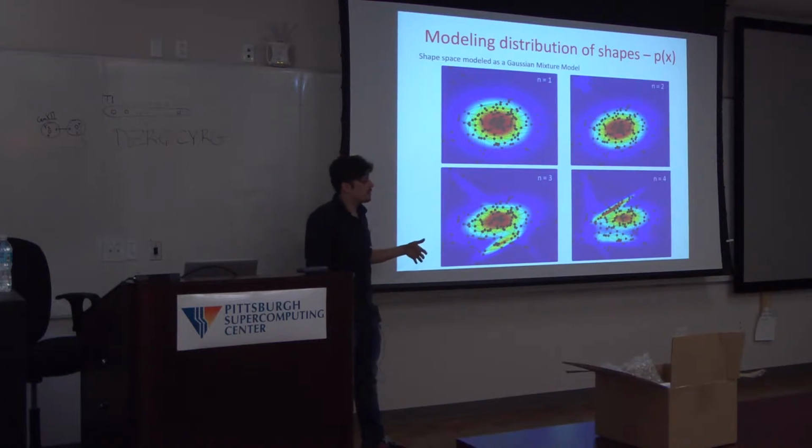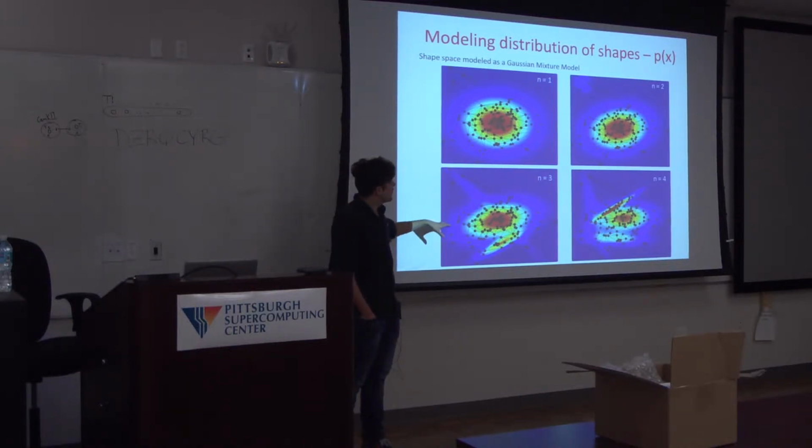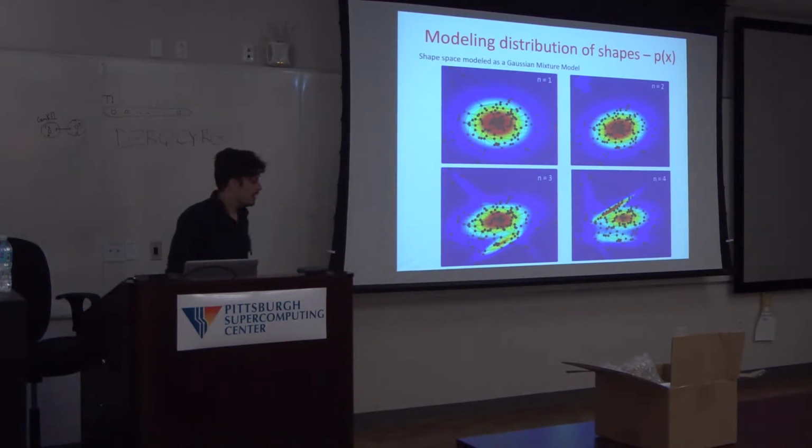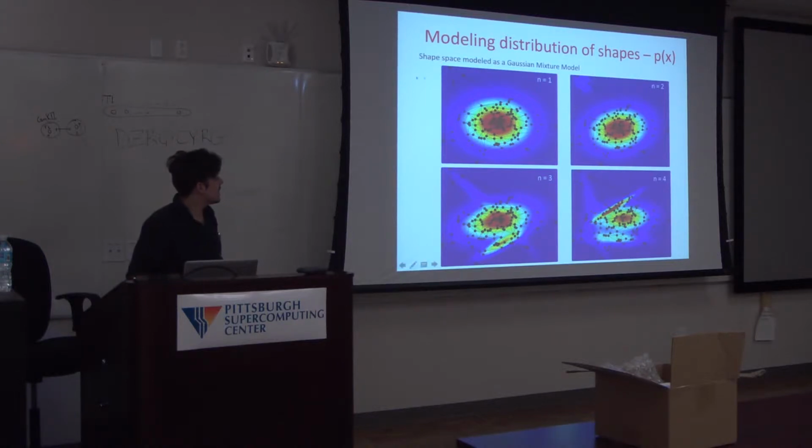And Gaussian mixture models fit on top of these with varying numbers of Gaussian distributions. And of course, this number of Gaussian distributions could be selected in a variety of manners. But this is an example that just shows how that distribution changes as we increase the number of distributions.